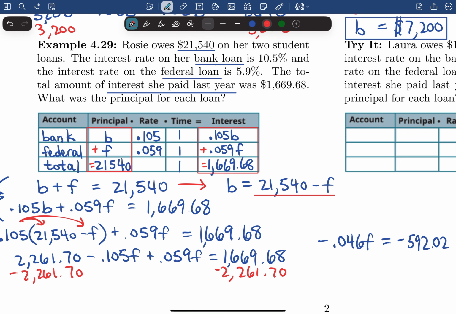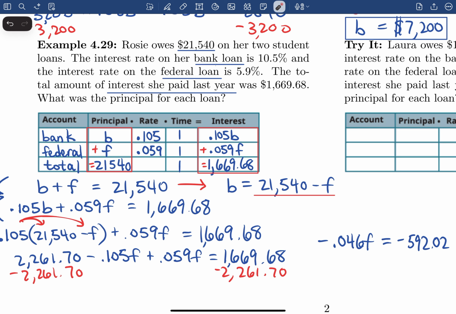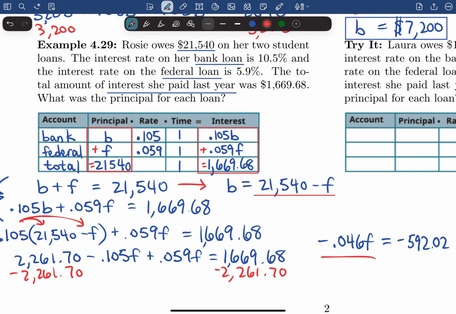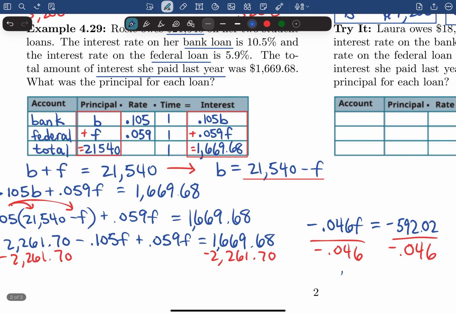Now, that's what I get when I take this minus this, right? I get this result. And so now I divide by negative 0.046 from left to right. And I find out that F equals $12,870. This is the amount for the federal loan.